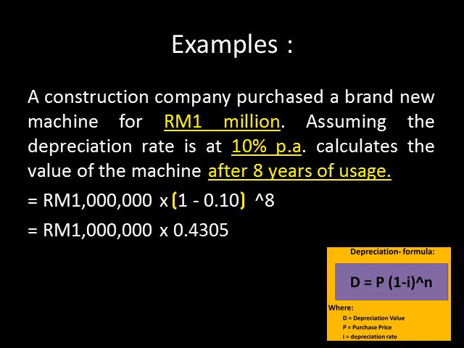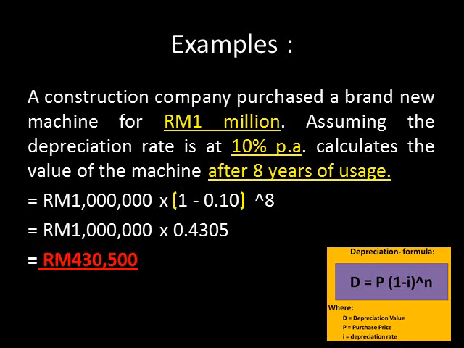Just calculate this first. You need to calculate the 1 minus I first and then the power of 8, then times 1 million. Note it's not 1,000, it's 1 million.